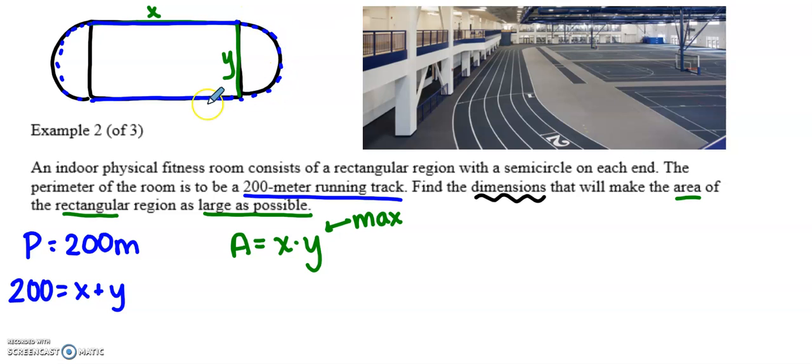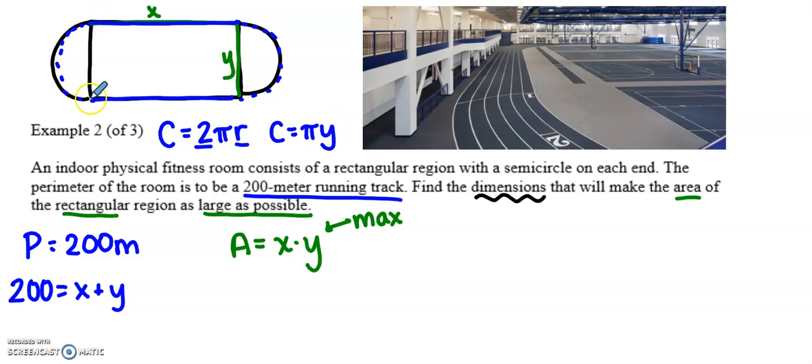Well, the perimeter of a circle is the same thing as the circumference. The circumference is equal to 2 pi r. So I could cut y in half, or remember 2 pi r, well, the circumference then in this case is the same thing as pi times the diameter.